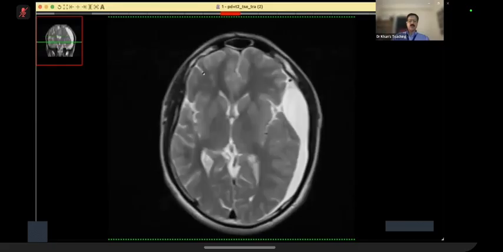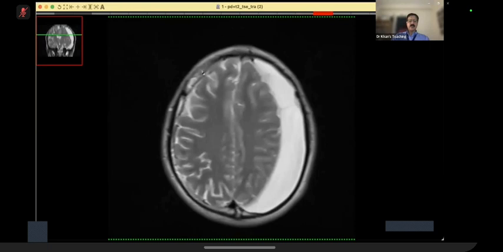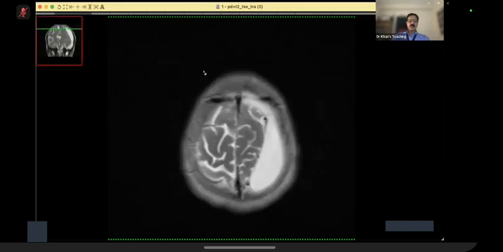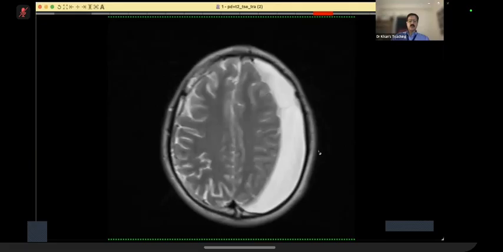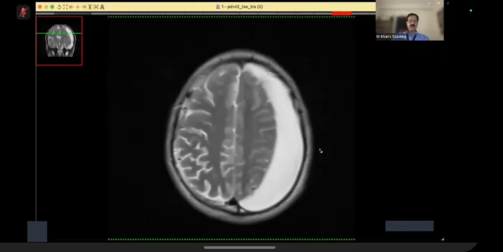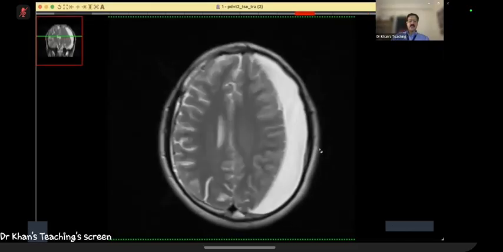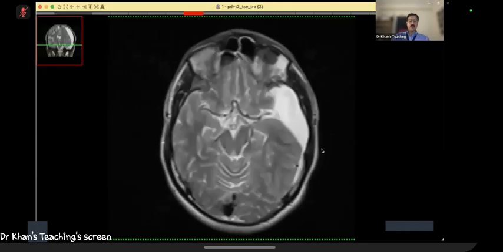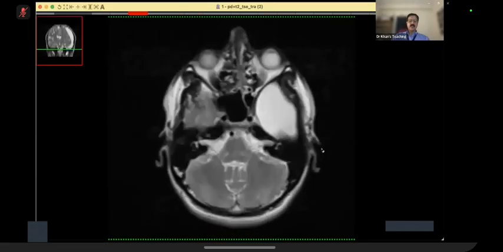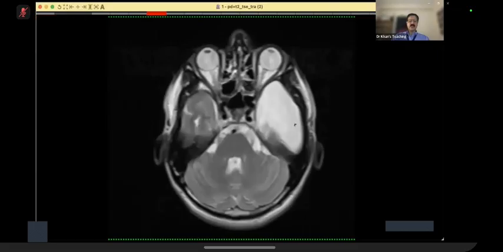Now, if you see here, on a T2-weighted sequence, it looks like a classical biconvex configuration. Looks like, let's say, a subdural hygroma. Then the key thing is the middle cranial fossa.